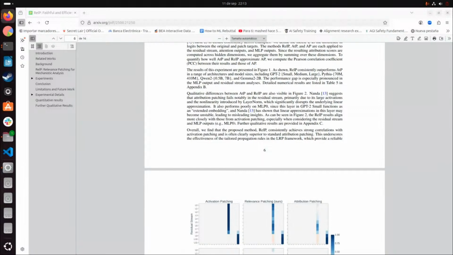Oh, wait a minute. The images have very semantically elaborate labels. Models don't have labels, they're just indices. Okay, makes sense.